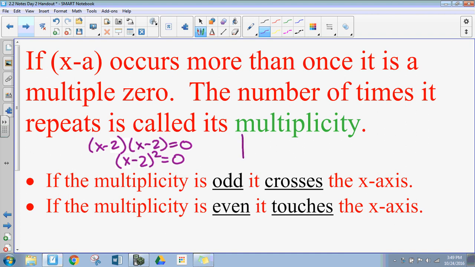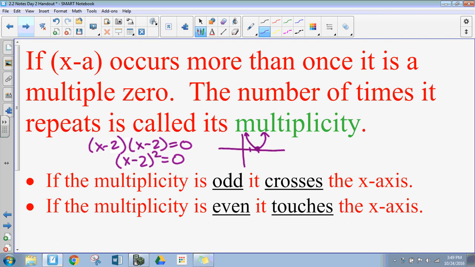So that would be like on a quadratic, x minus 2, the 0 would be 2. So what it's looking like is a parabola that's got the vertex on the x-axis, okay? So what's happening there is it's going to have a multiplicity. So it's happening twice. That 0 is happening twice.